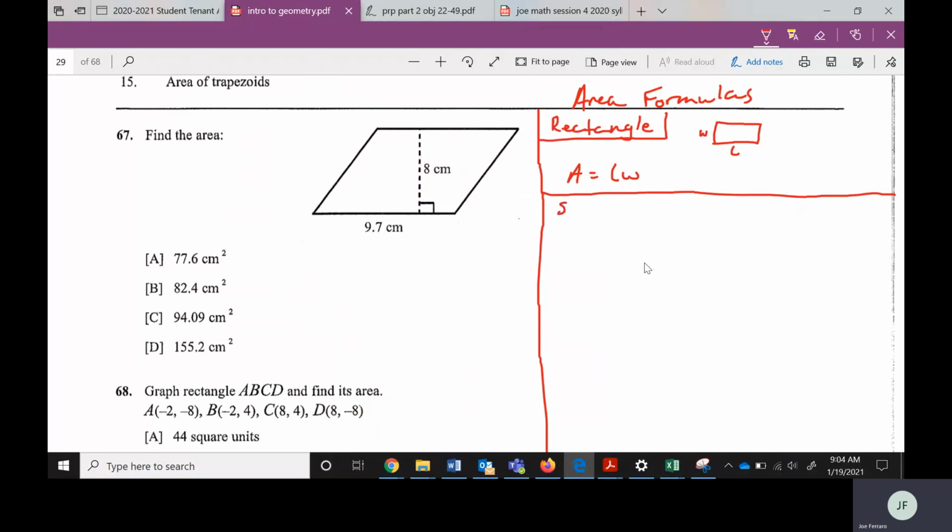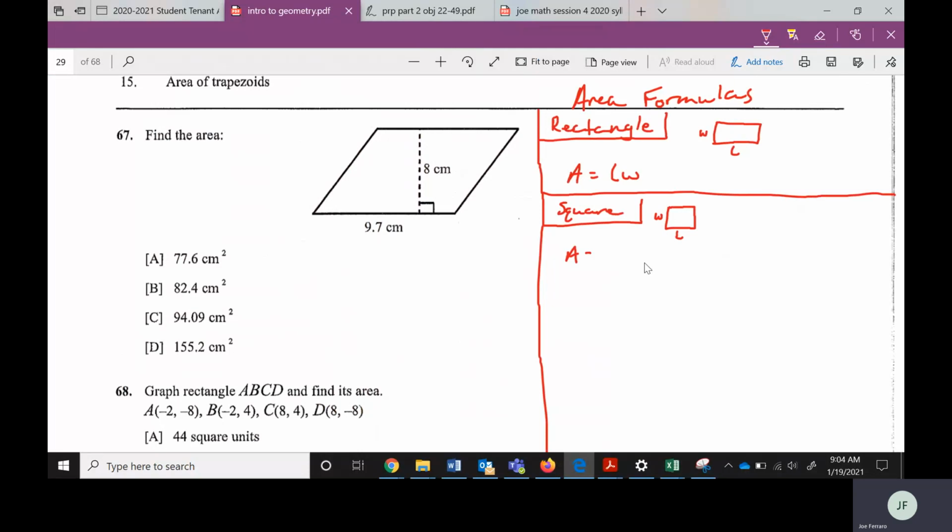The next one is very similar, but there are actually 2 ways to go about it. A square you can do the exact same as a rectangle, since a square is just a special rectangle.